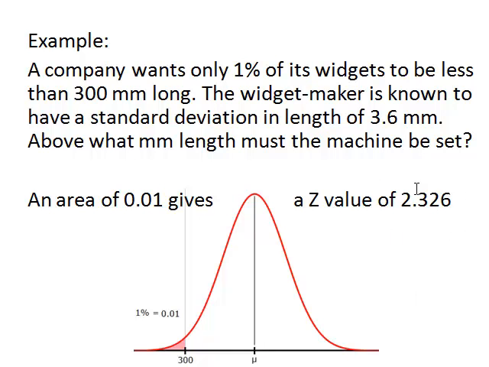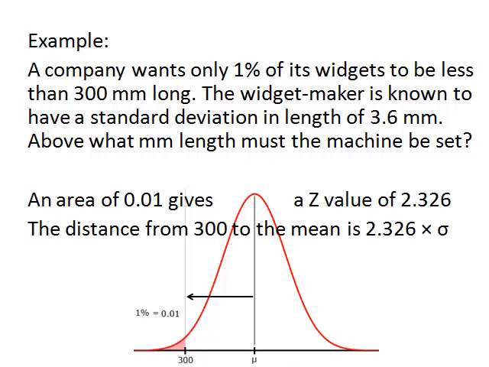That's where that number comes from. It's this area, the tail left, an inverse normal on the standard normal curve. So we have that our mean is sufficiently above 300 to be 2.326 standard deviations.